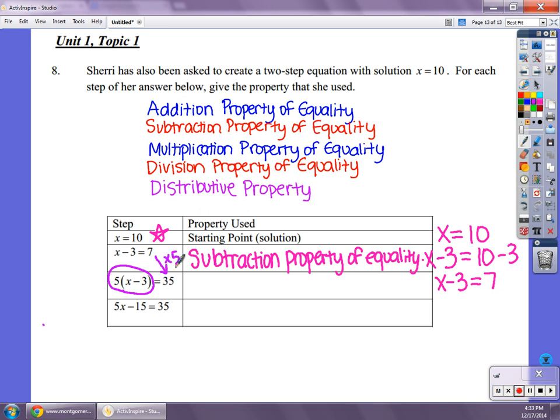Therefore, what we did here is multiply each side of our equation by 5, and we did that by using the multiplication property of equality.